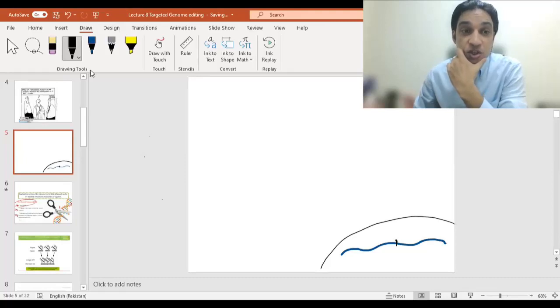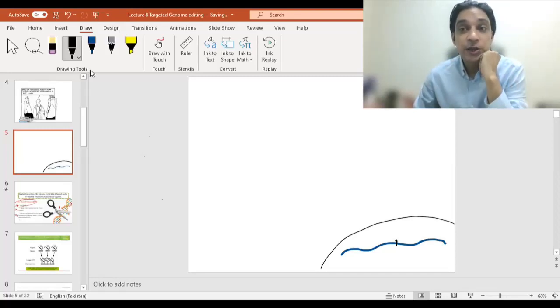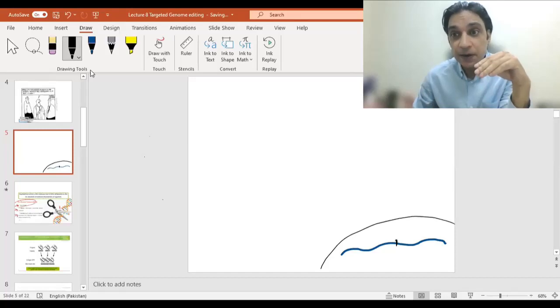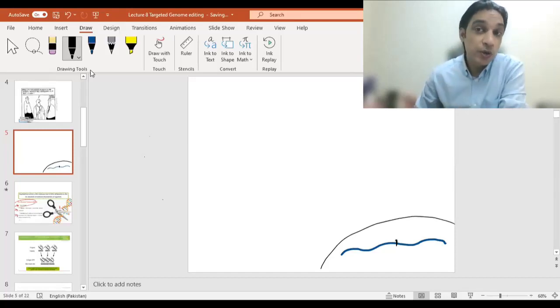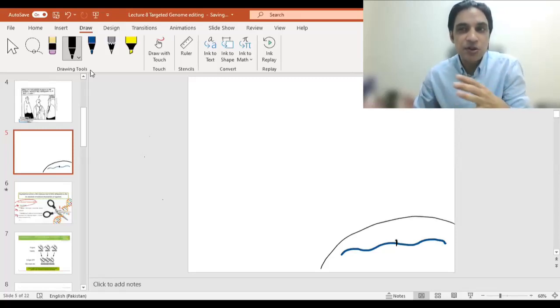So what were the tools before the zinc fingers and the TALENs were there, which people were using in order to integrate an external gene at the place of our own choice? You know, you have studied in gene therapy that we can send an external gene, and that external gene might incorporate anywhere within the genome.